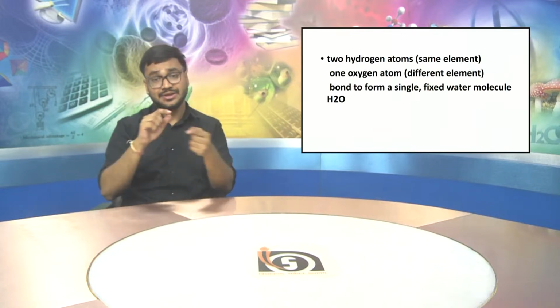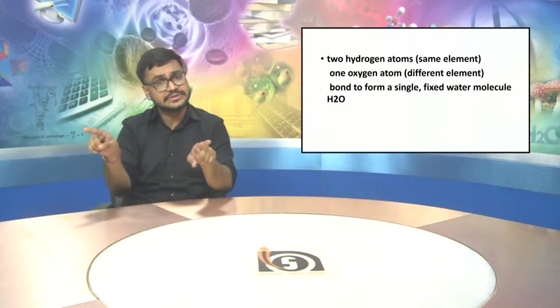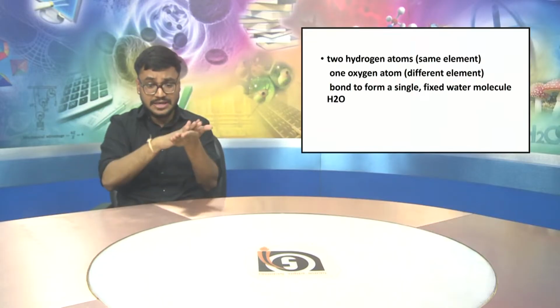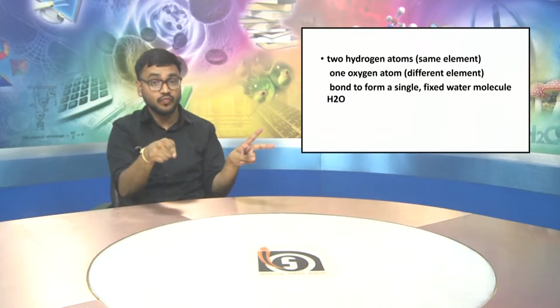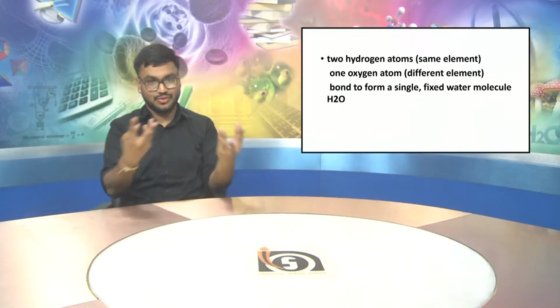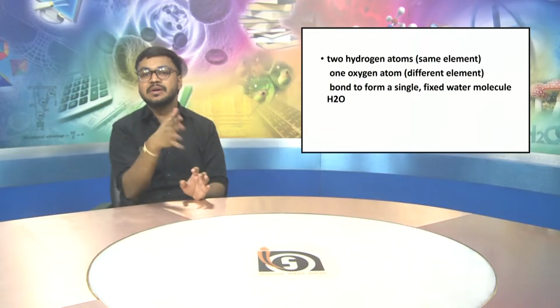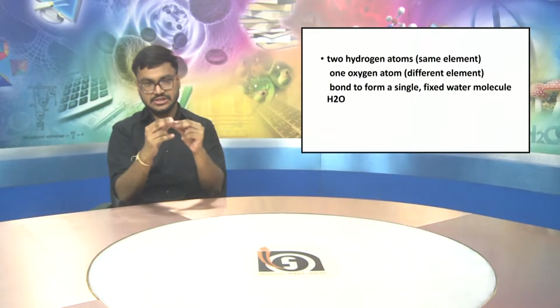For example, two hydrogen atoms, which are the same element, and one oxygen atom, a different element, bond together to form a single fixed water molecule, which is H2O.